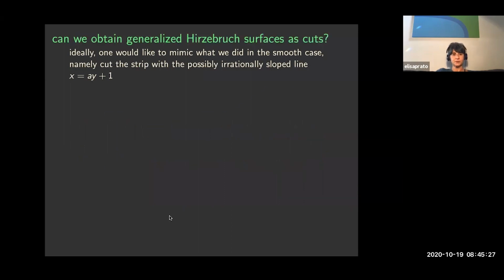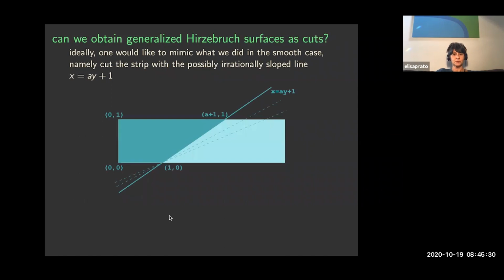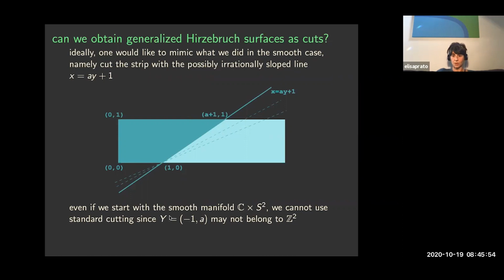Now I want to go back to the generalized Hirzebruch surface. And of course, the natural question here is, can we obtain the generalized Hirzebruch surface as a cut using the generalized cut operation? The starting point would still be C times S2 if we attempted to use the Lerman construction, but we cannot use the standard Lerman construction because the y that defines the line that supports the cut will not belong in general to Z2.